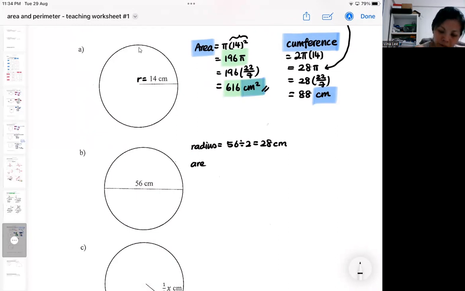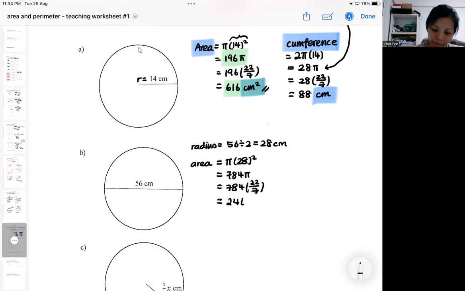The area, label it, will be pi r square. Usually my habit is I will just press the 28 square first. This will be the answer if you need to leave it in pi. Otherwise, you put in the pi that the question gave you. And remember your units.